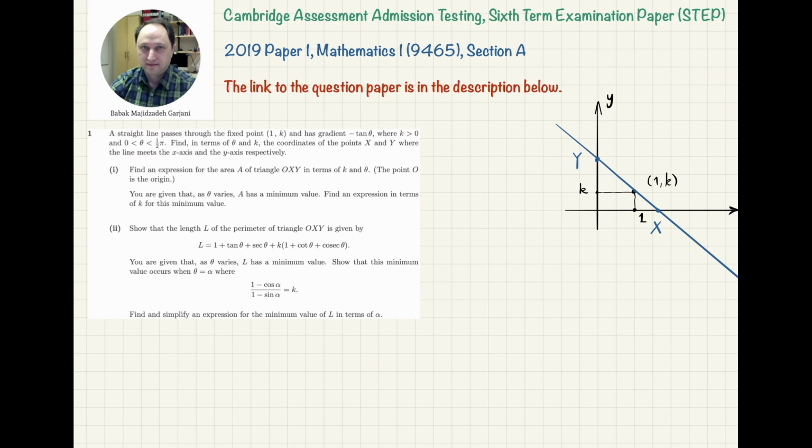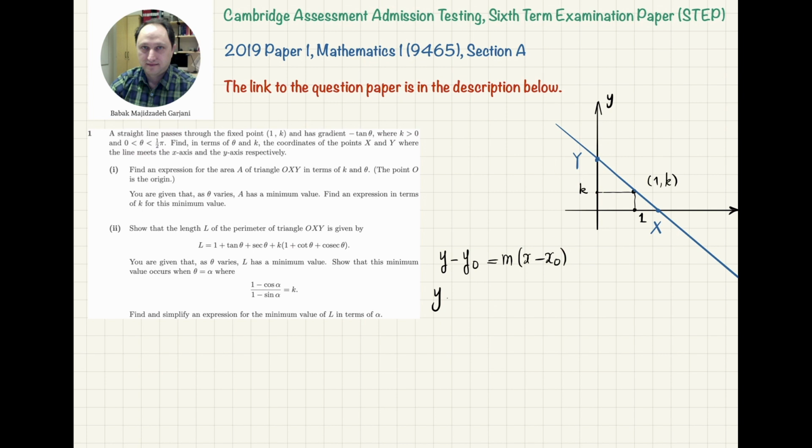We know that y minus y0 equals m times x minus x0 is an equation for a straight line whose gradient is m and which passes through a point with coordinates (x0, y0). So it's easy to calculate everything here.